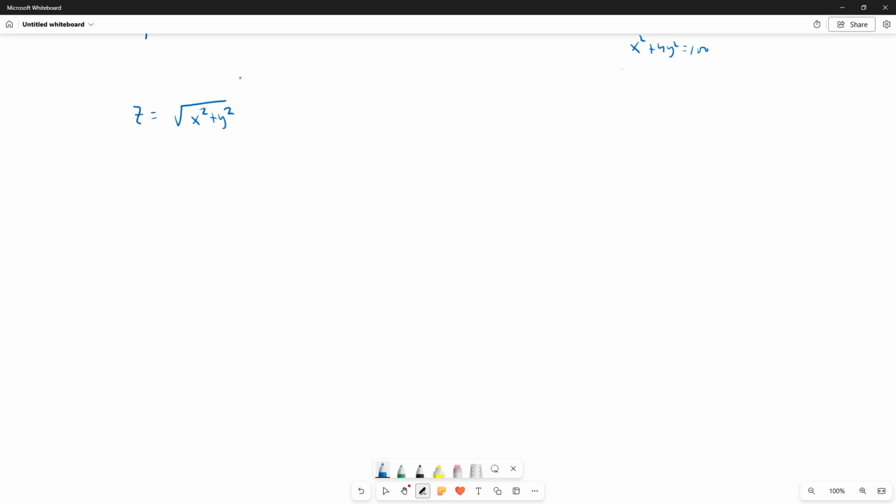So this one is a right circular cone with vertex at the origin. If x and y are both 0, then z is 0, and z is a positive square root, so z is bigger than or equal to 0 at all points for any xy.